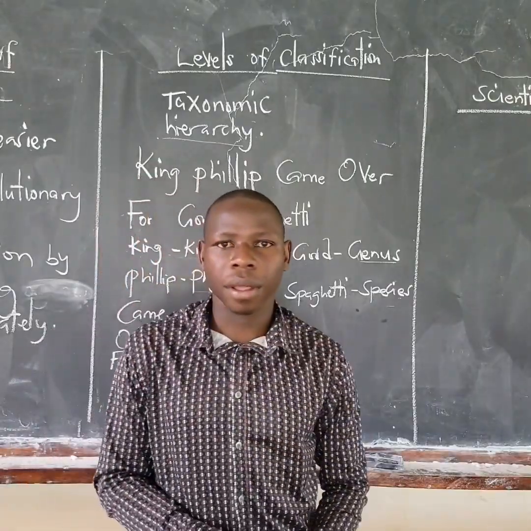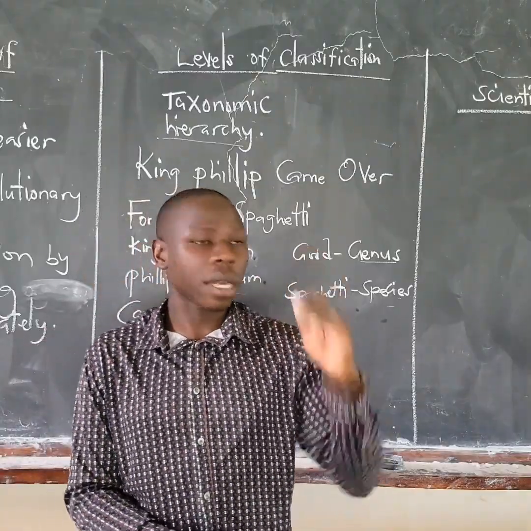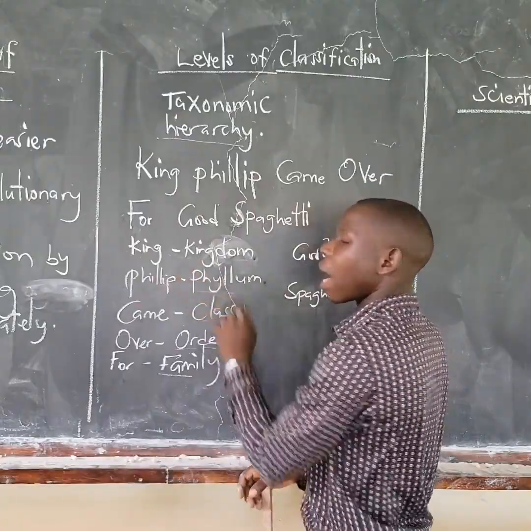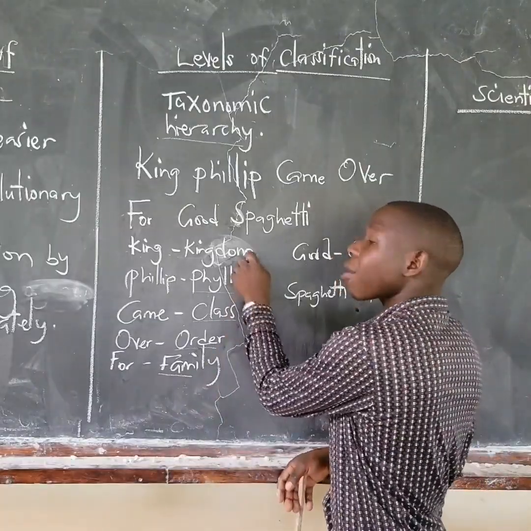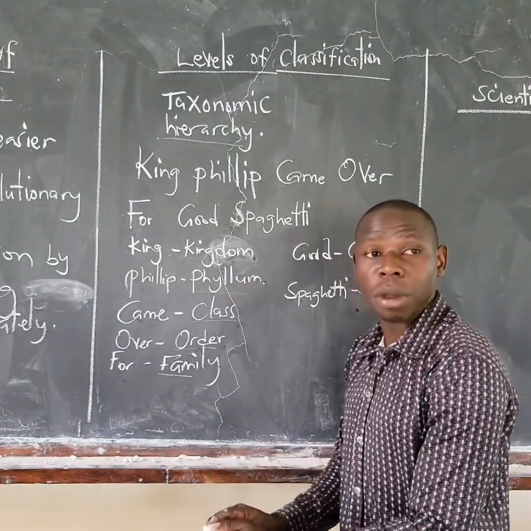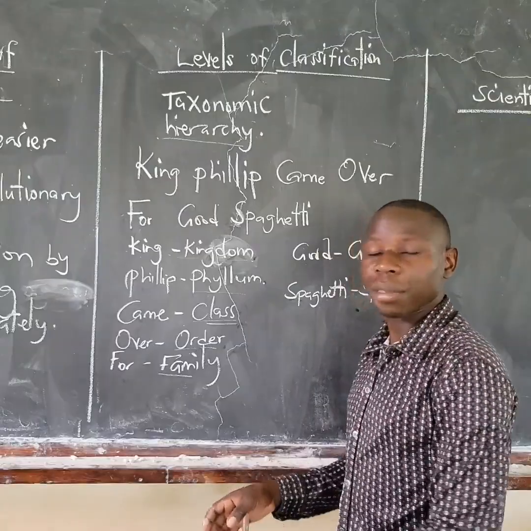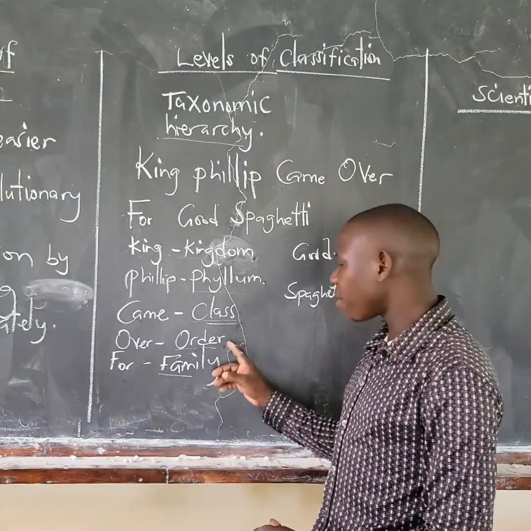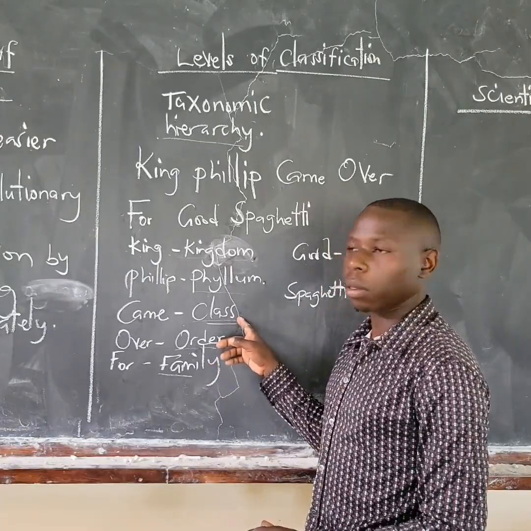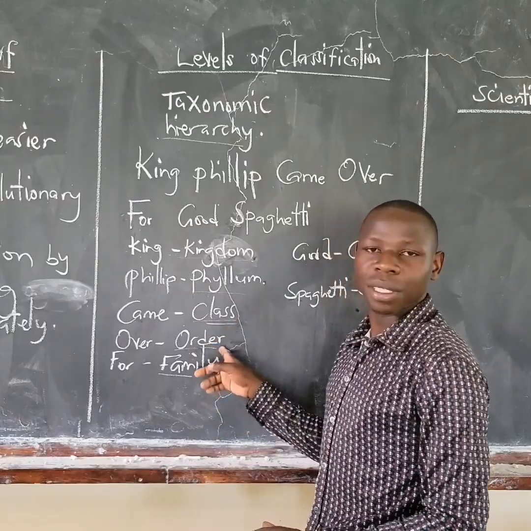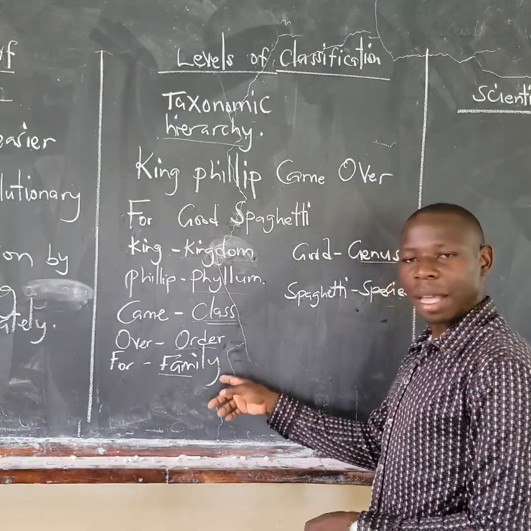It's like in our country, Uganda. We have the country, the region, where we have very many living organisms or people. But within the country, we have a district where you find a small group of people. And again, within the districts we have the counties, then the sub-counties, which can be the class. Then we have parishes, which can be our family.